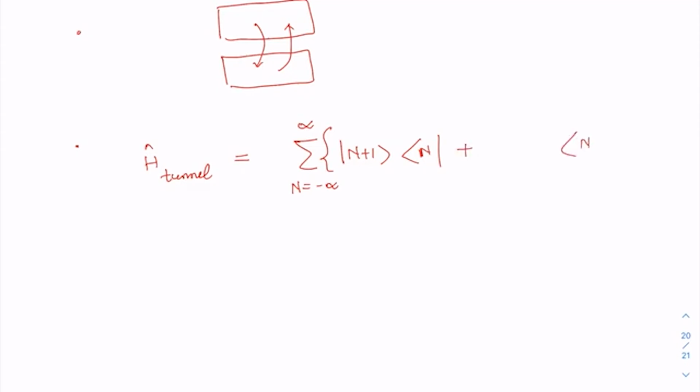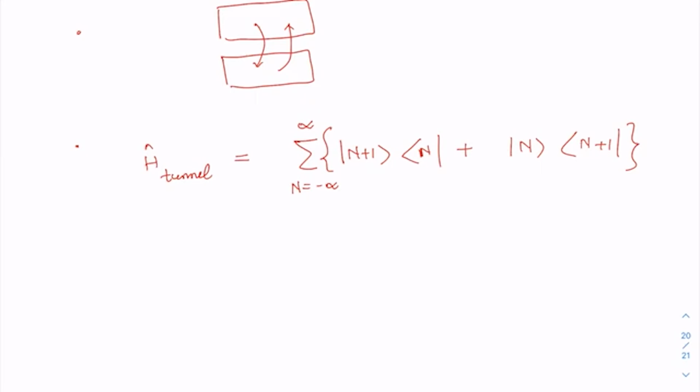So what may happen is that rather than tunneling from the upper to the lower, tunneling may happen from the lower. Maybe you start at the n plus 1 state, and in that case the Cooper pair tunnels from the lower island to the upper island. And this Hamiltonian is then Hermitian. This is still not the Hamiltonian, because it is dimensionless, while it should have the dimension of energy.